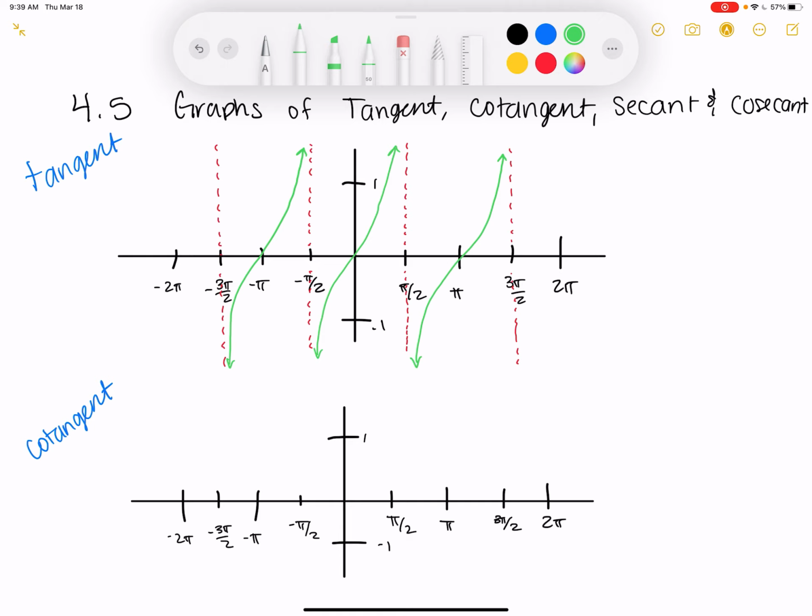Now, I don't think we did cotangent last year, but any guesses on what makes cotangent different? It's backwards. Yeah, it's backwards. It's going to be flipped the opposite direction.